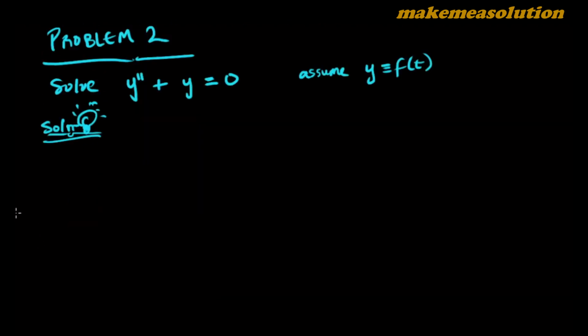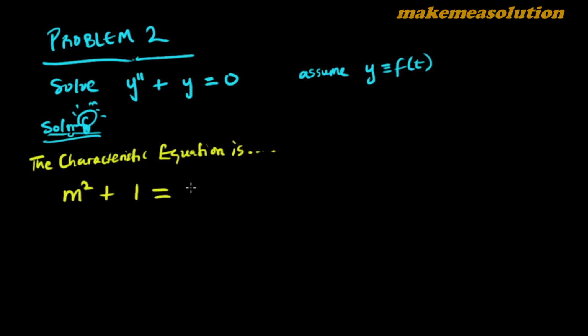Okay guys, in problem 2 we are looking at y prime prime plus y equal to 0. So we want to assume that y is a function of t, and we want to get the solution. So the characteristic equation is, what is it going to be? Let's say we use m, we're going to have m squared plus 1 equal to 0.